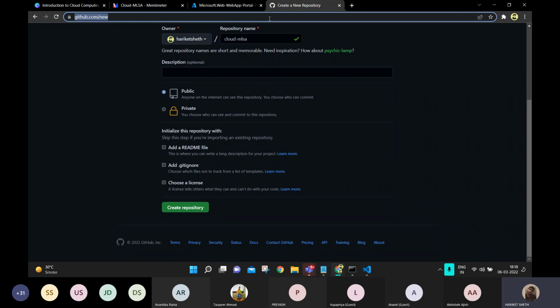Again, Cursor is having some problem. Let me refresh and try again. Cloud MLSA is the name I'm giving, a public repository, and create repository.